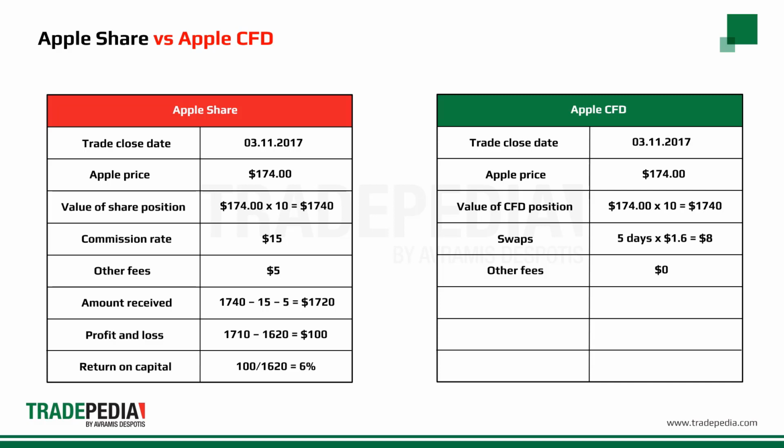With swaps of $1.6 per day for 5 days equals $8. The total amount received becomes $1,740 minus 8, which equals $1,732. This gives a profit of $132, which gives a return on capital of 165% because leverage gave us the advantage of using only $80 as capital instead of $1,620.